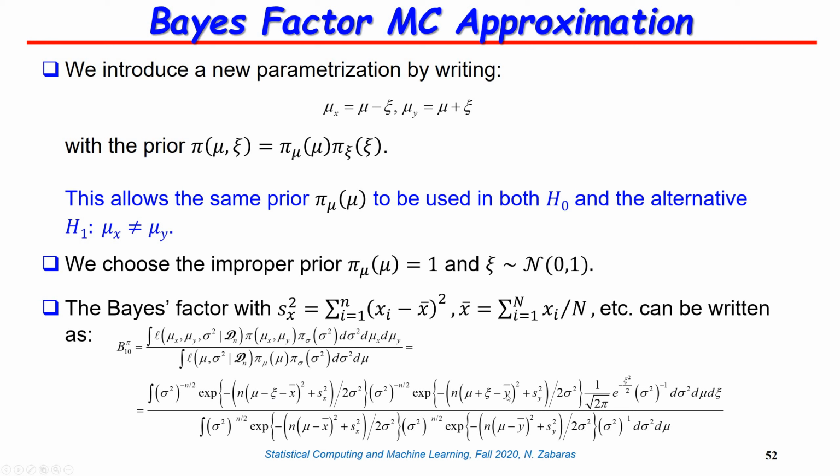So this is why the likelihood terms look different. There's really, again, the same way that I got a calculation on the denominator, you can get the calculation in the numerator. The only thing, instead of x bar here, use xi plus x bar. In terms of y bar, use y bar minus xi.